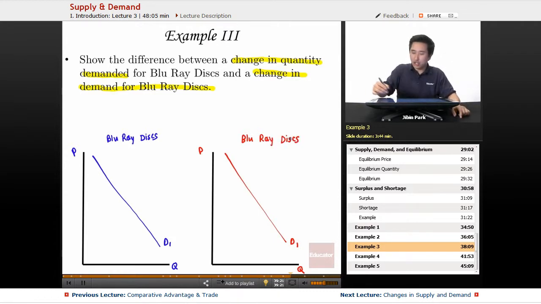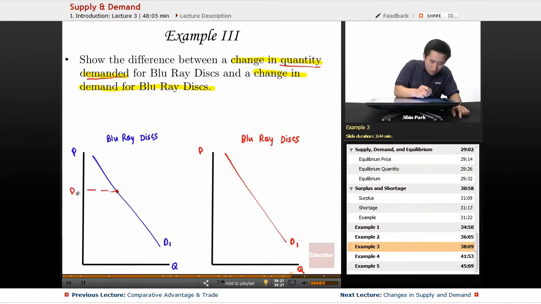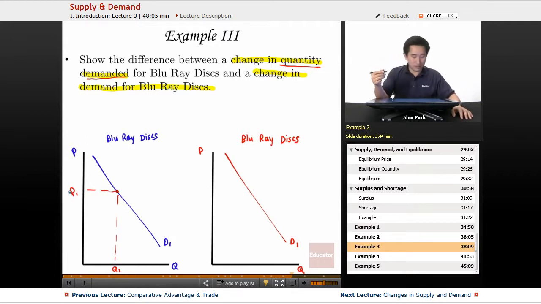So what does it mean, a change in quantity demanded? Let's say this is P1 here and Q1 here. If you lower the price of a Blu-ray disc from, let's say, $20 to $15, the key word here is ceteris paribus.